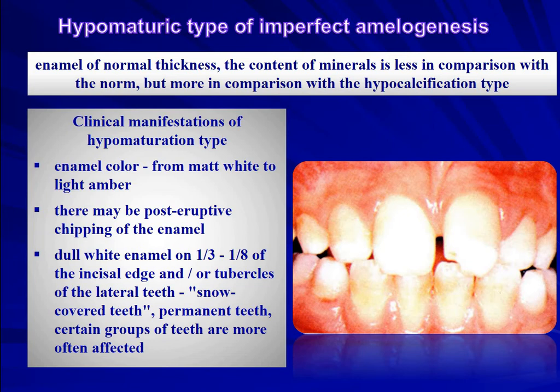Clinical manifestation of hypomaturation type. Enamel color from matte white to light amber. There may be post-eruptive chipping of the enamel.